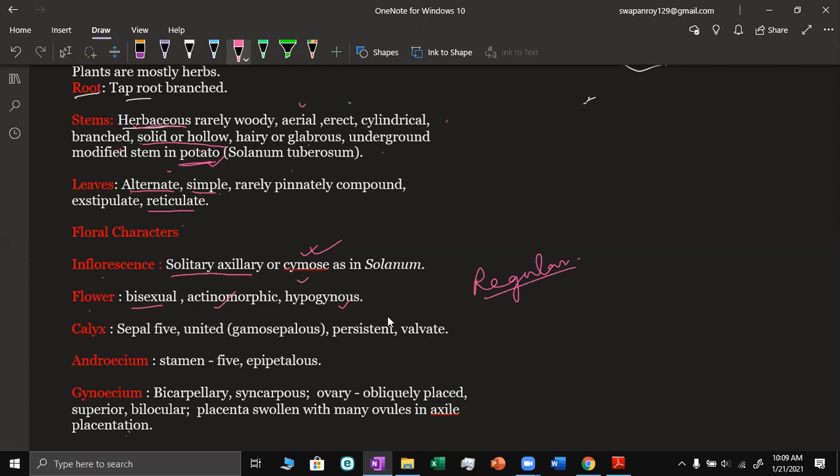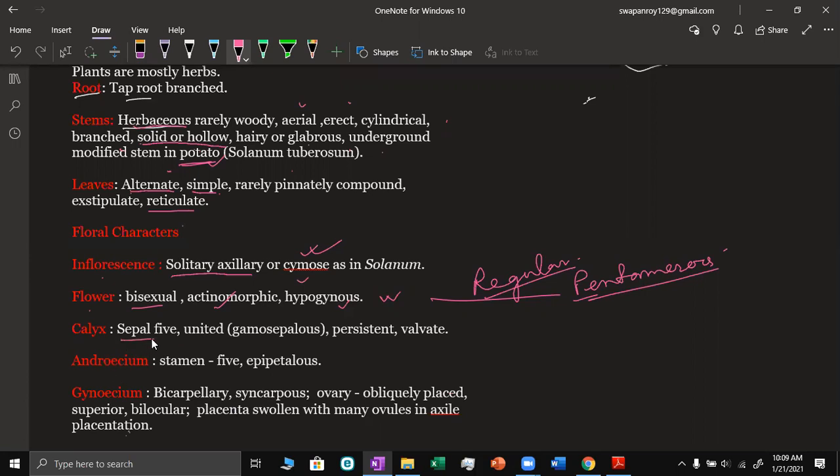It is also pentamerous, because five petals, five sepals, five stamens are there. Pentamerous is the characteristic feature of dicot families.